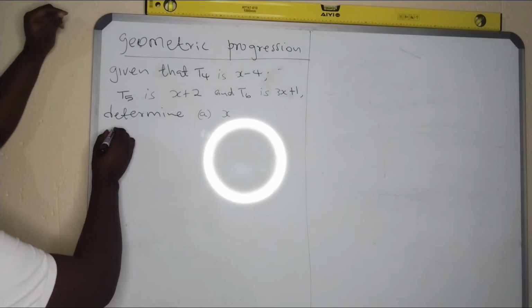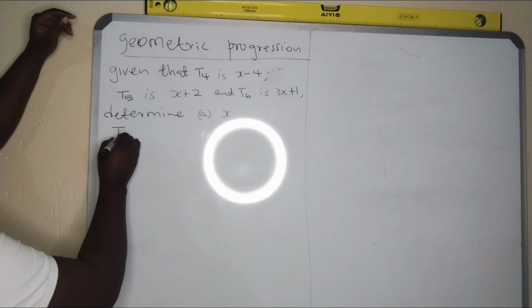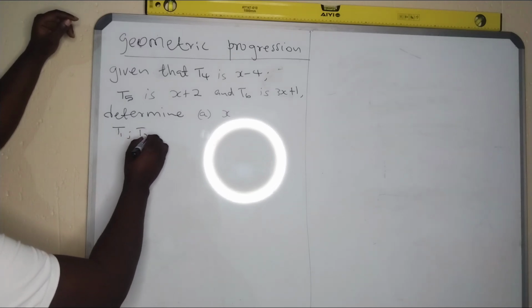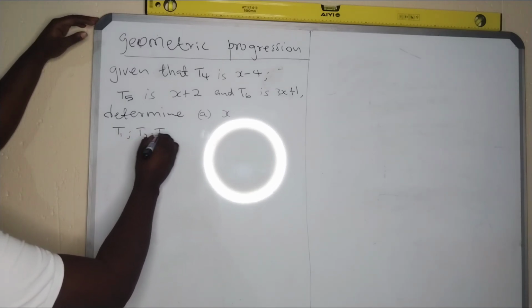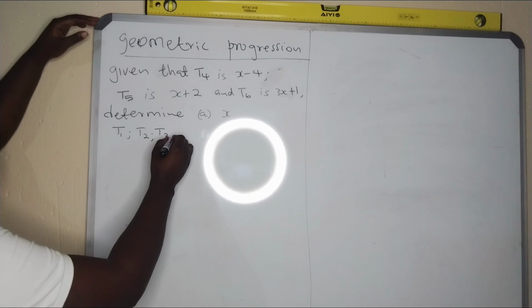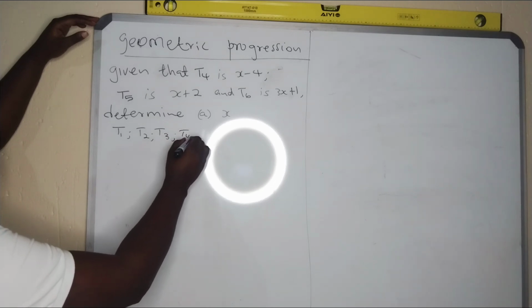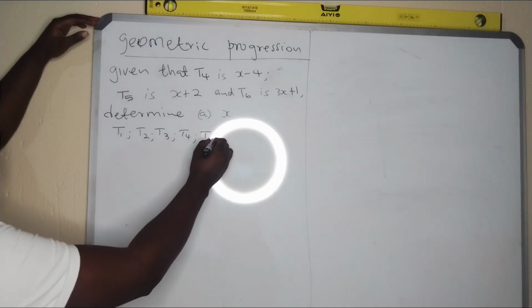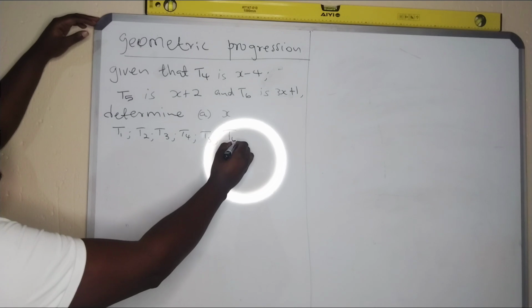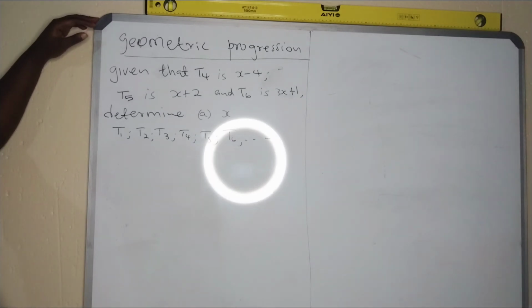You can always say, remember, this is geometric: T1, T2, T3, T4, T5, T6, all the way.